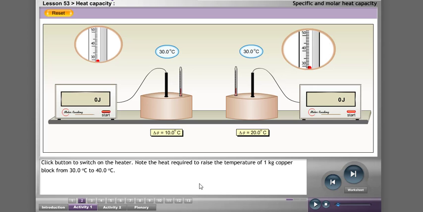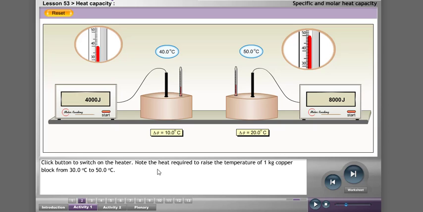Click button to switch on the heater. Note the heat required to raise the temperature of 1 kilogram copper block from 30.0 degrees Celsius to 40.0 degrees Celsius. Click button to switch on the heater.